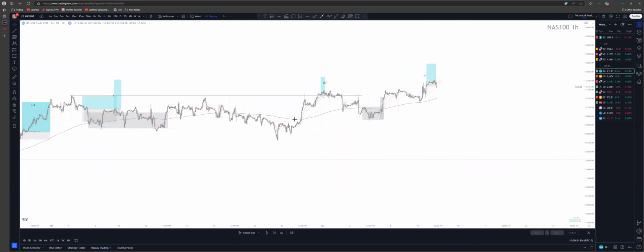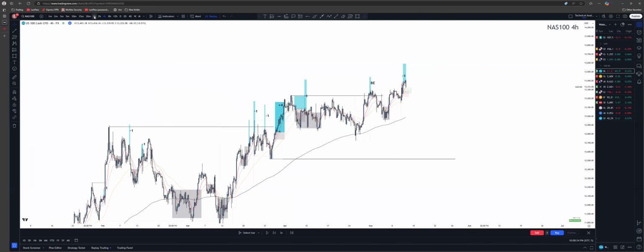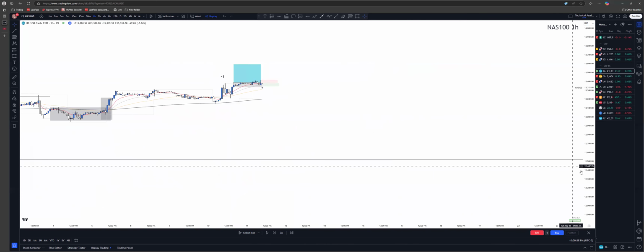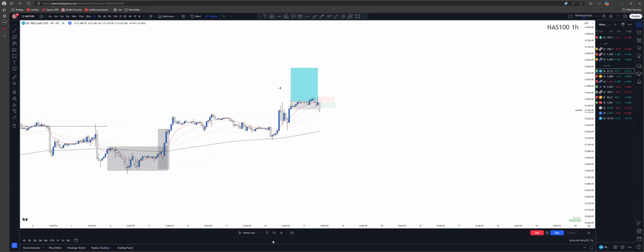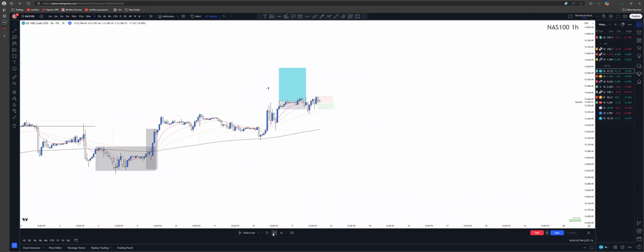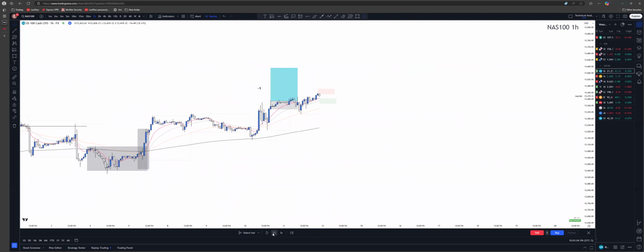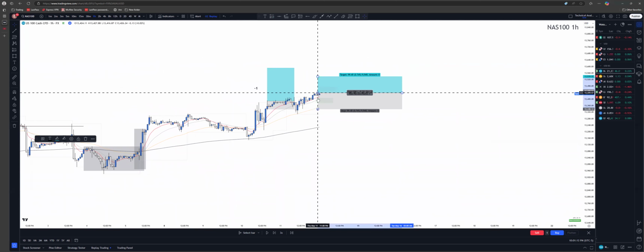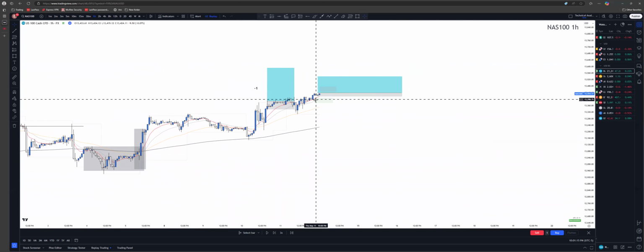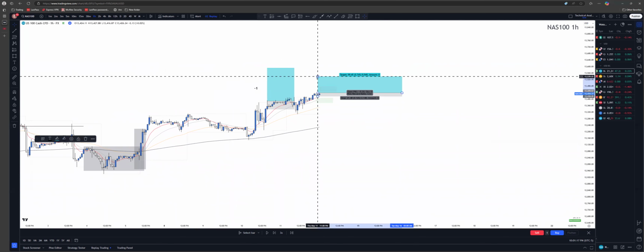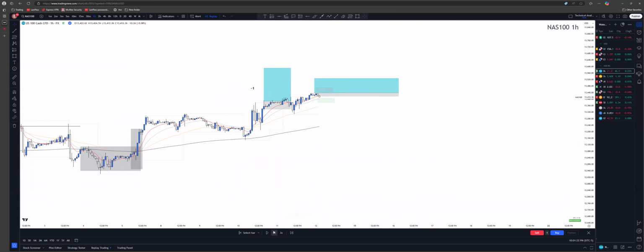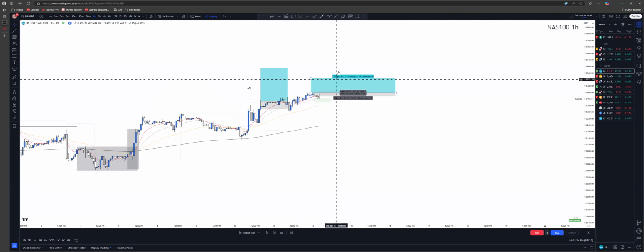So overall, conceptually, still bullish, still looking for how it gets taken out. Okay. Same concept as before. So we don't get that.